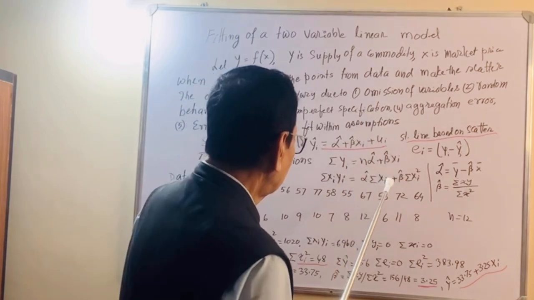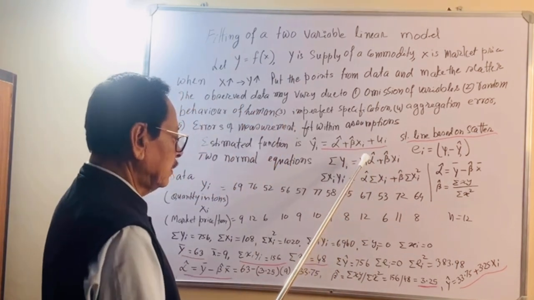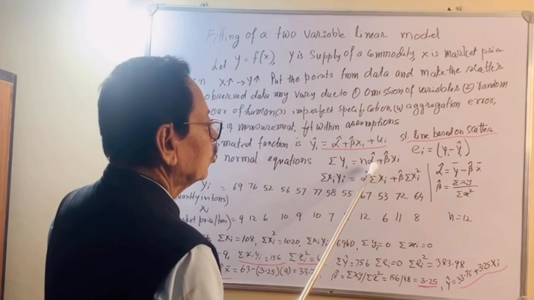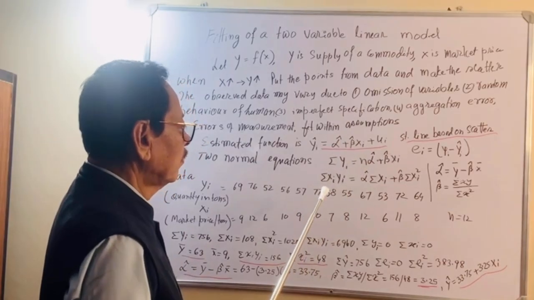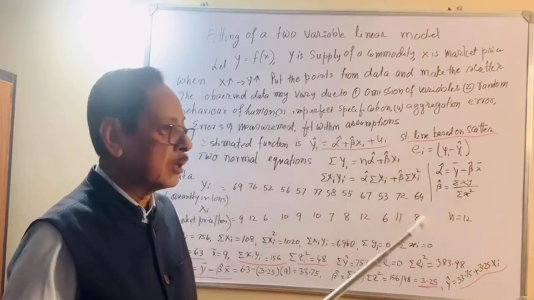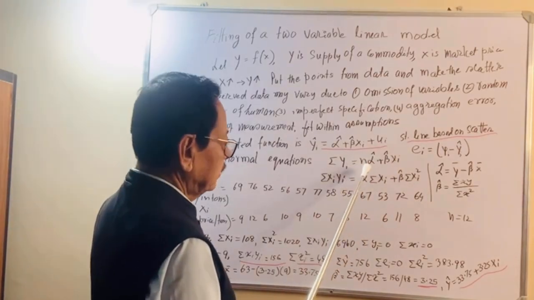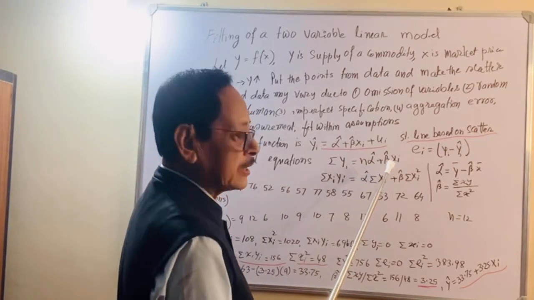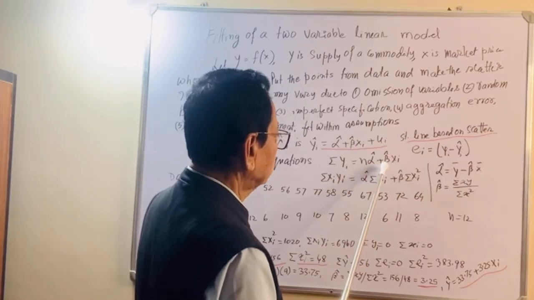Now, to fit these two normal equations, in two ways we can fit. One is the deviation form, and another is the summation form without deviations.